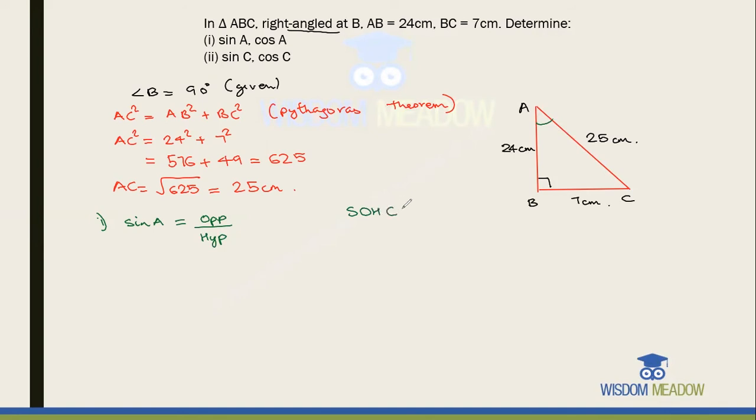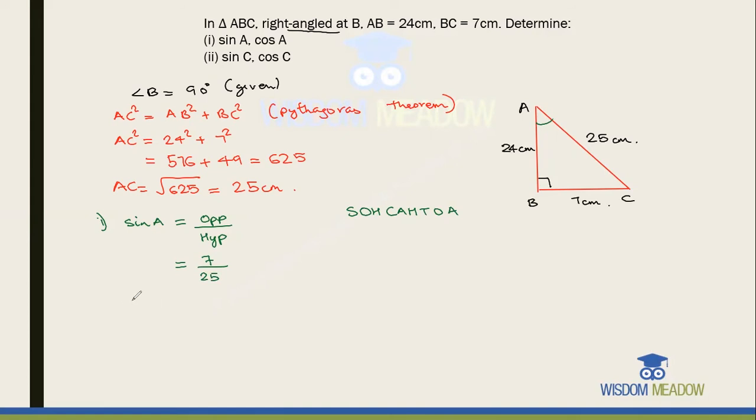So sine is opposite over hypotenuse. Now opposite of angle A, that's going to be 7 over hypotenuse, which is the one opposite to the 90 degree. So 7 over 25.